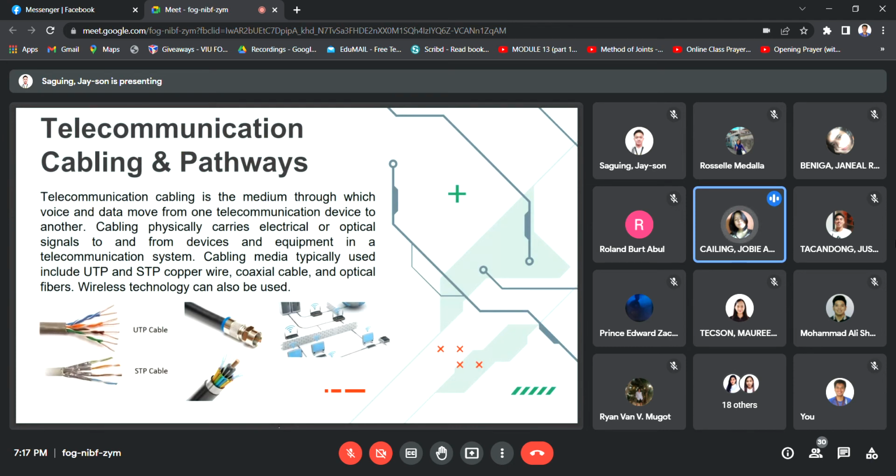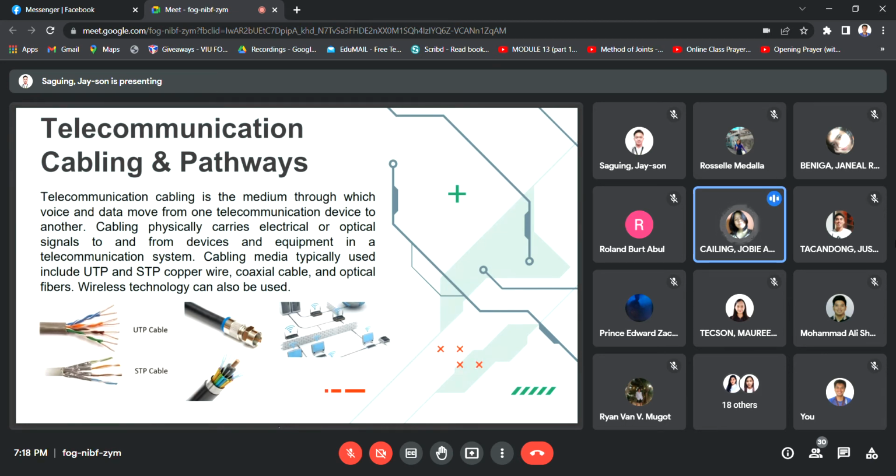Next, we have telecommunication cabling and pathways. Telecommunication cabling is the medium through which voice and data move from one telecommunication device to another. Cabling physically carries electrical or optical signals to and from devices and equipment in a telecommunication system.